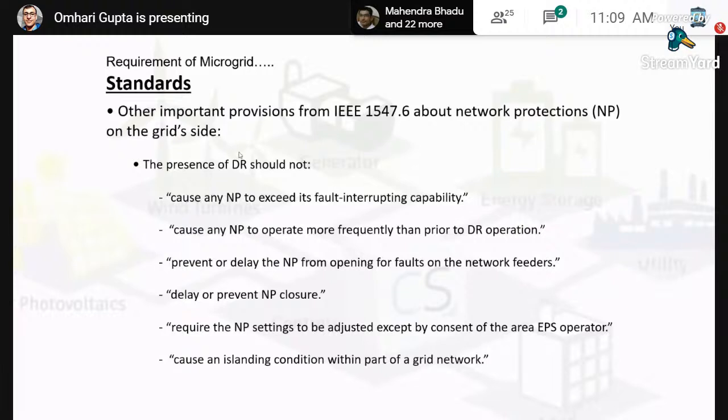Other important provisions from the IEEE standard about network protection: you should connect DR in such a way that it does not cause network protection to exceed its fault interrupting capability. These are protection challenges. It should not cause any network protection to operate more frequently than prior to DR operation. It should not prevent or delay the network protection from opening for faults on the network feeders.